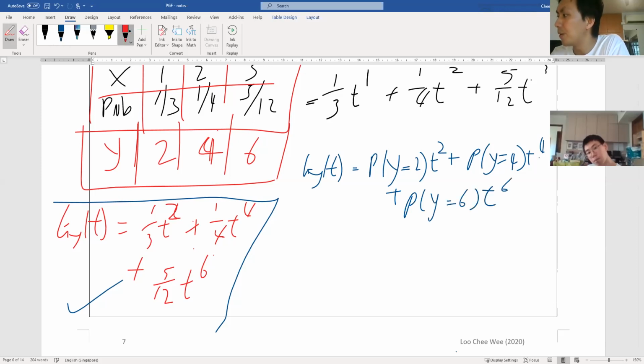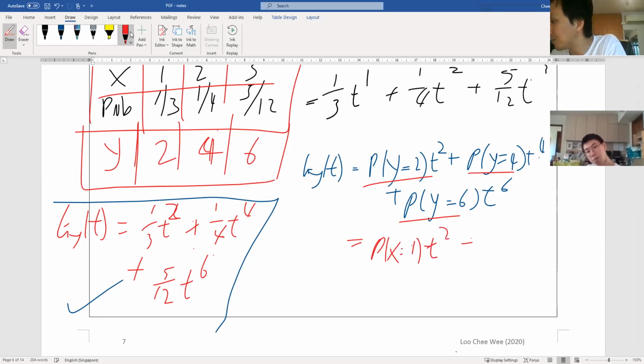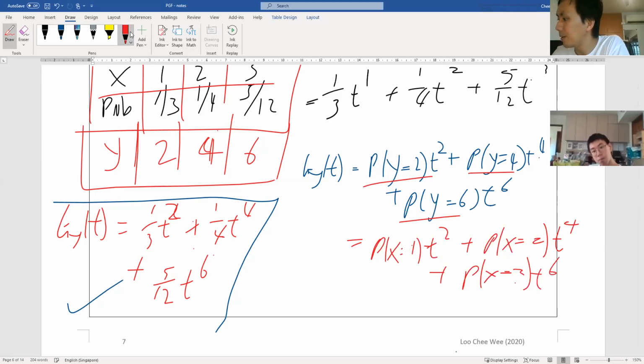Okay, and then remember, y equal to 2, 4, and 6 is the same as x being 1, 2, and 3. But the probabilities of y do not change. Okay, so it's still the same. Okay, then you fill in the blanks, and then you'll get the same answer as this.